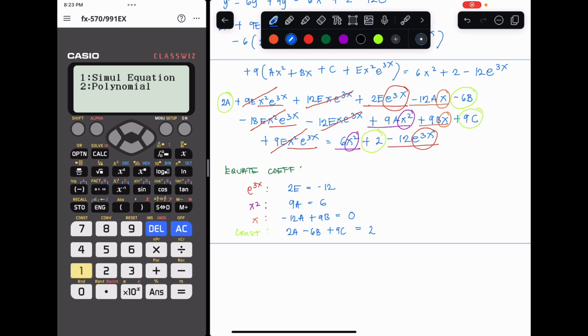We are going to select 1 for simultaneous equations. There are 4 variables here, a, b, c, and e. A for x, b for y, and c for z, and then t for e. I'm going to select 4 unknowns. For the first one, I don't have a, b, and c, so x, y, z will be 0, and the coefficient of t will be 2, and then the constant is negative 12.